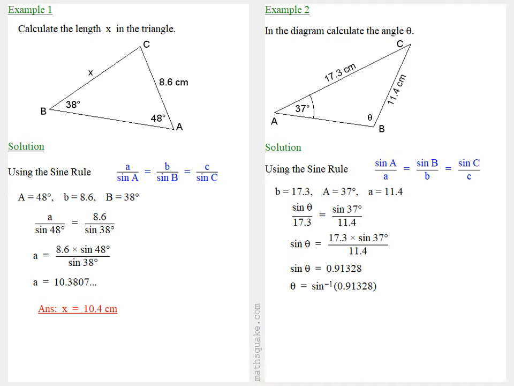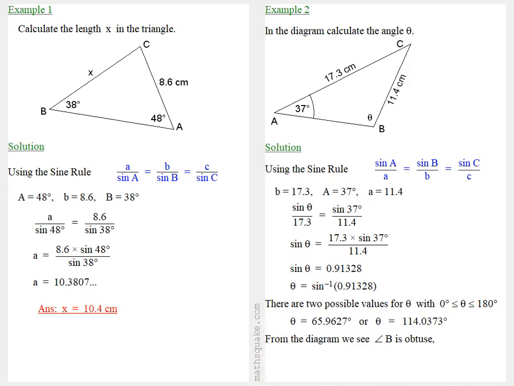So theta is equal to the inverse sine of 0.91328. But for this, there are two possible values of theta within the range 0 and 180 degrees. When we type it into the calculator, we get the answer theta is equal to 65.962. But there is another answer, which is 180 minus theta, which is 114.037 degrees.